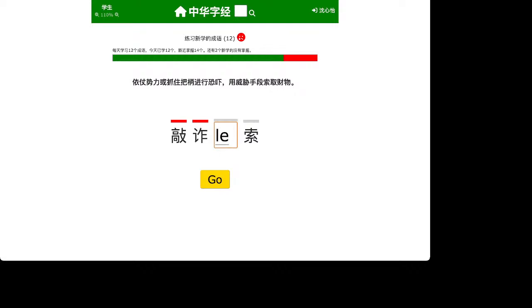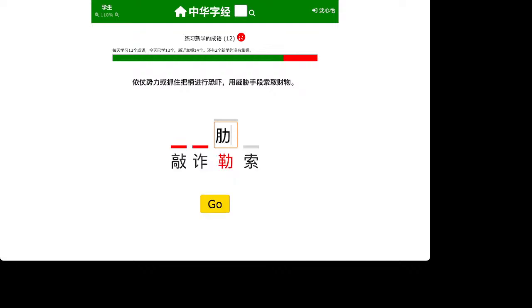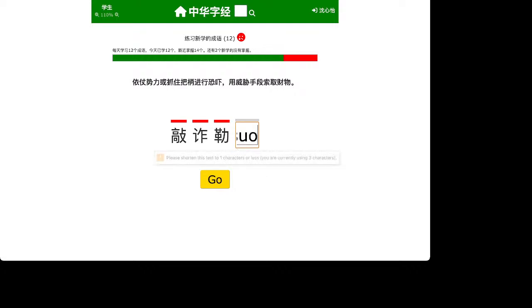Wow, I really don't remember any of these. I don't remember 敲诈勒索, even just the thing that I literally just saw.